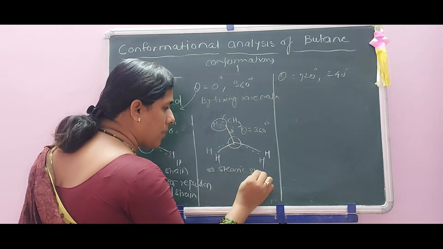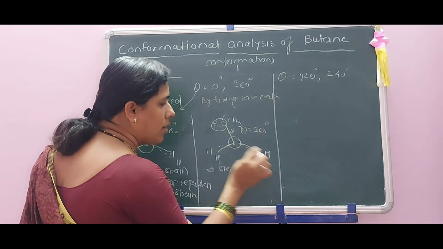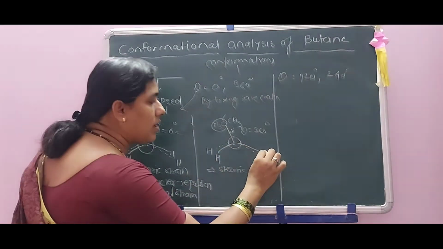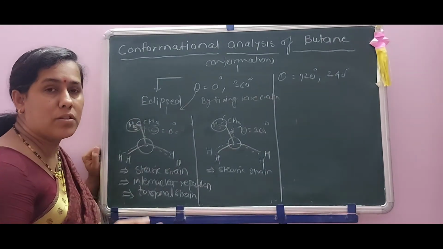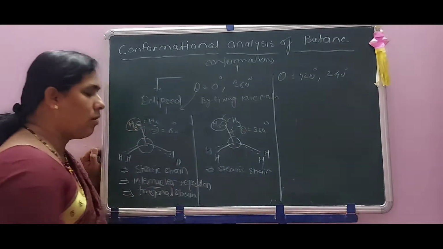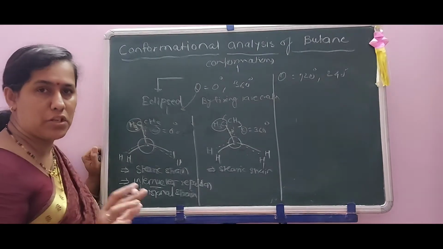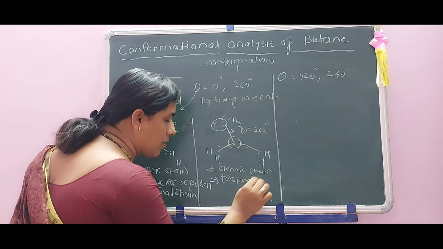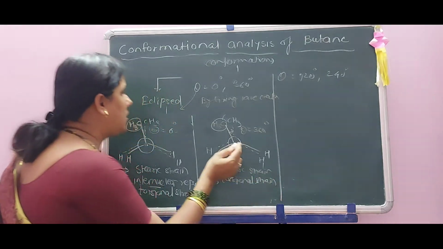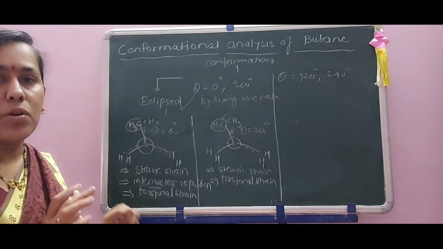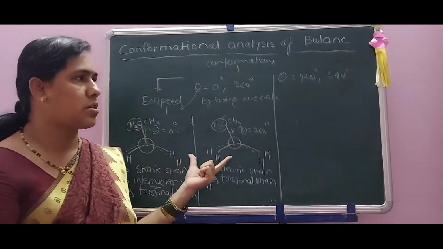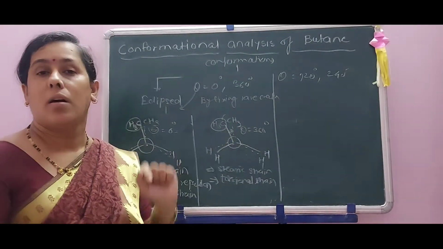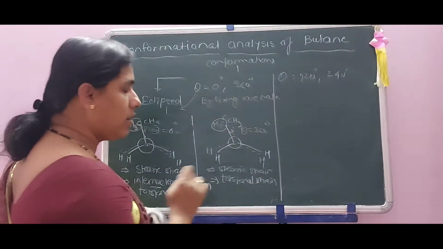Also the CH bonds of the front and rear carbon atoms are very near to each other, due to which the bond pairs of electrons have internuclear repulsion between them, causing torsional strain. Therefore, these structures are not isolated from each other; these two structures remain the same. But this is not the case for dihedral angles of 120 and 240 degrees.